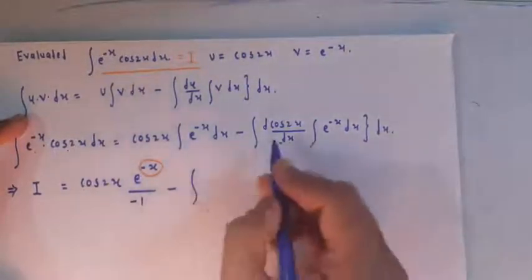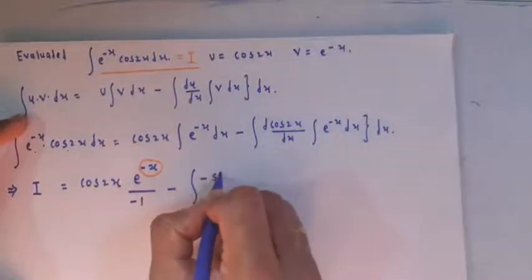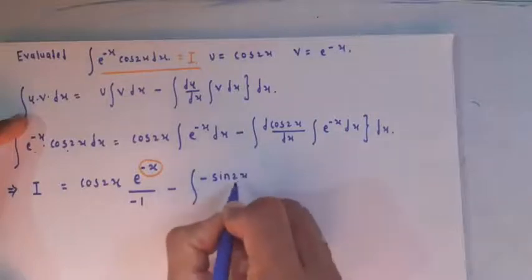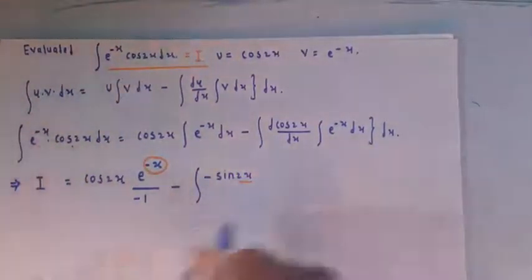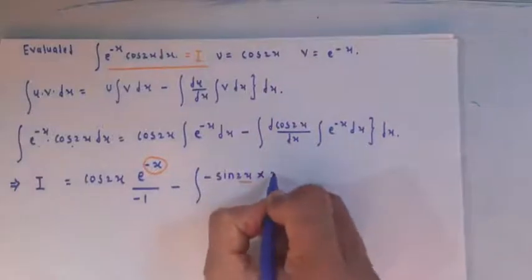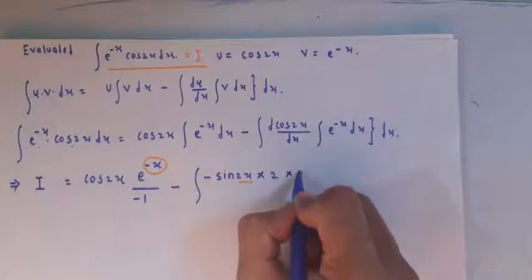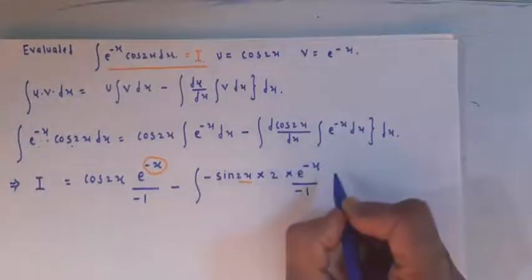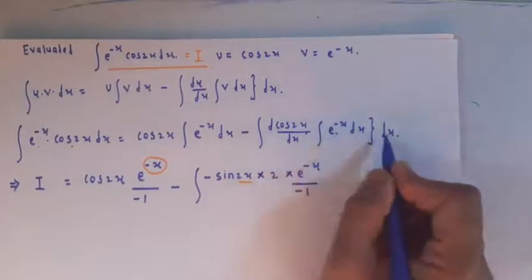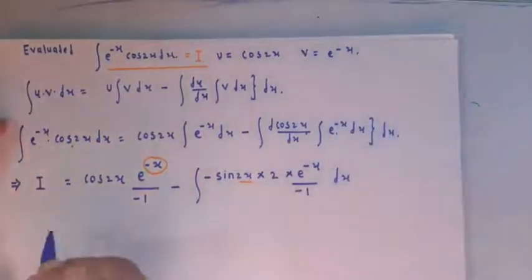Minus integration of differentiation of cos of 2x, which is minus sine of 2x. This 2x is again a differentiable function, that's why into 2, and integration of e raised to minus x is again e raised to minus x upon minus 1, and this into this with respect to x. Now we have to find out the integration.